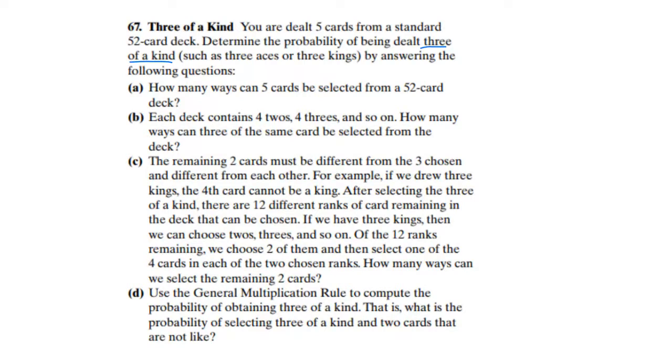And those 2 other cards can't be another 4, because if it was another 4, you would have a 4 of a kind. So we want to have only 3 of a kind. So what we're going to have then, and I'm going to use that shorthand that Linda was talking about, is we have 4 choose 3.